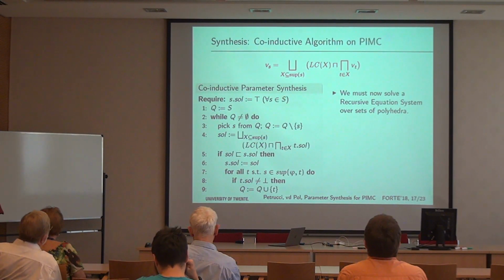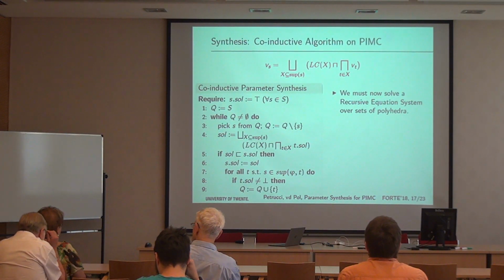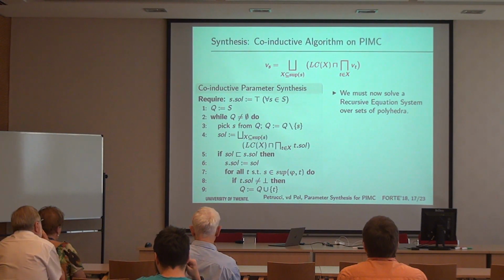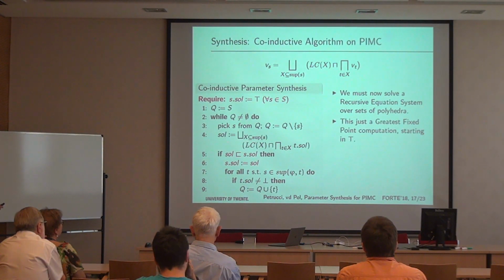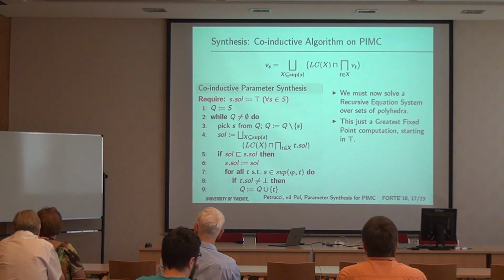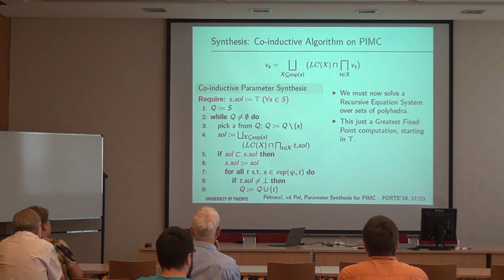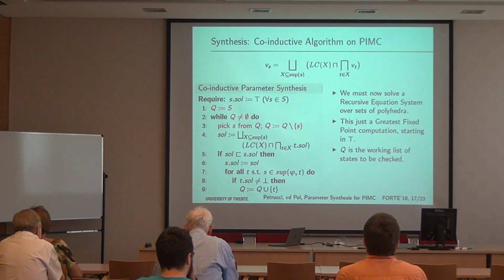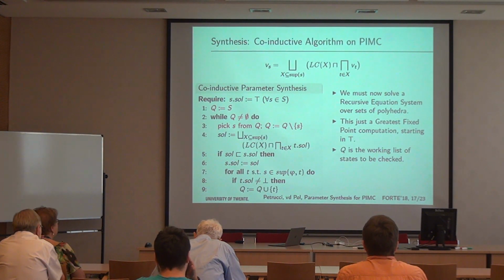In the co-inductive algorithm, it boils down to solving a recursive equation system of a set of polyhedra. And, well, this is a greatest fixed point computation starting from the set of all possibilities for true. Okay. So it's similar.